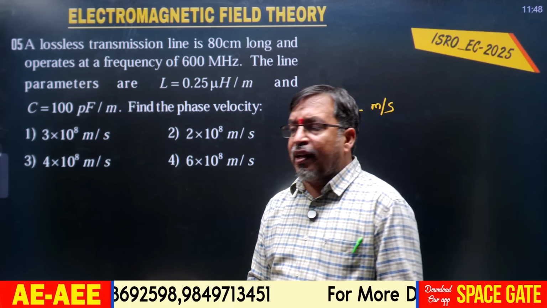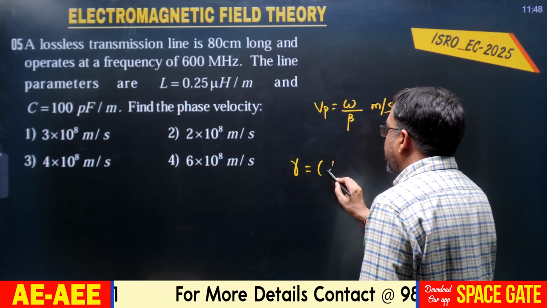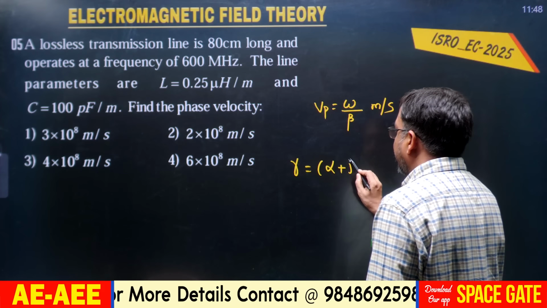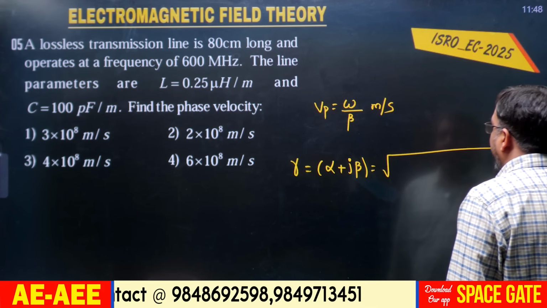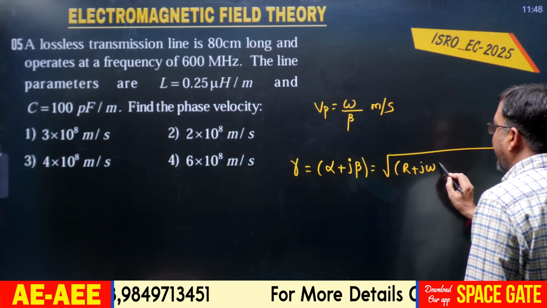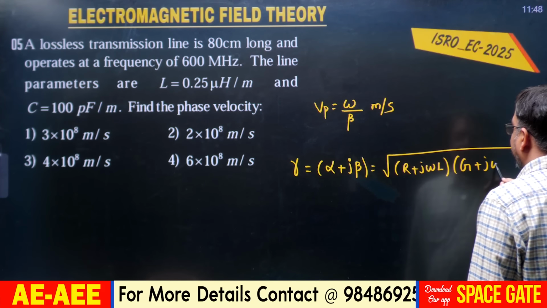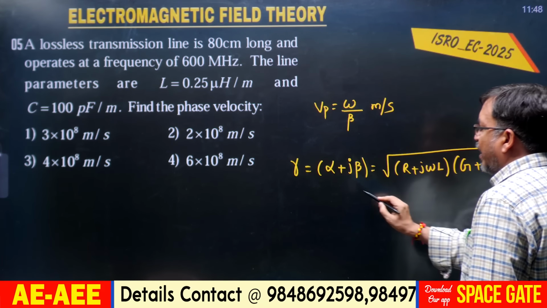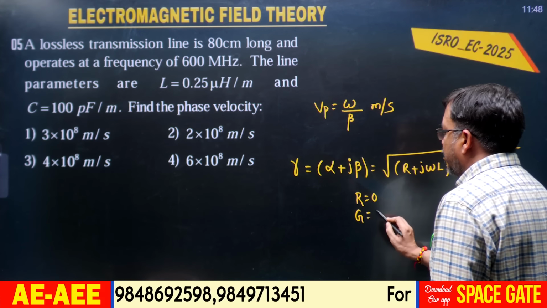In a transmission line, propagation constant gamma equals alpha plus j beta, and that equals under root of (R plus j omega L) into (G plus j omega C). Now the condition for lossless transmission line is R equal to 0 and G equal to 0.